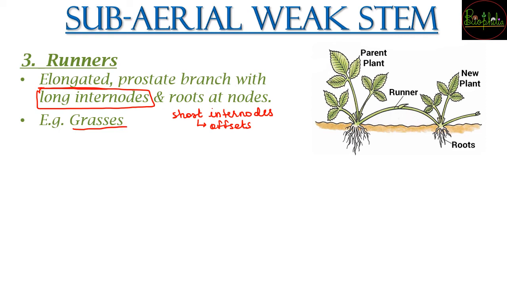So अगर आपने lawn देखी होगी, then you can see that if you try to pull one grass, you are going to find some particular structure that is connected to the adjacent grass as well. So वो जो adjacent grass को connect करता है, that connection is nothing but going to be called a runner. So you can go and try to find some lawn, and there you can see these runners and understand how these are going to be present.